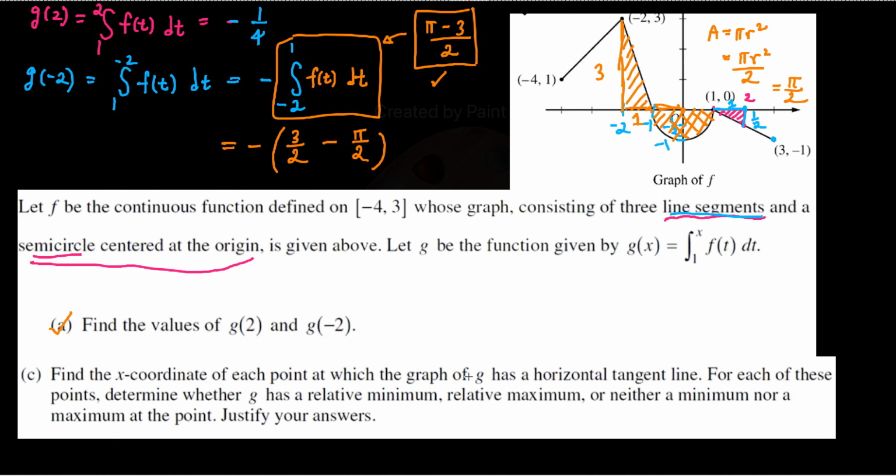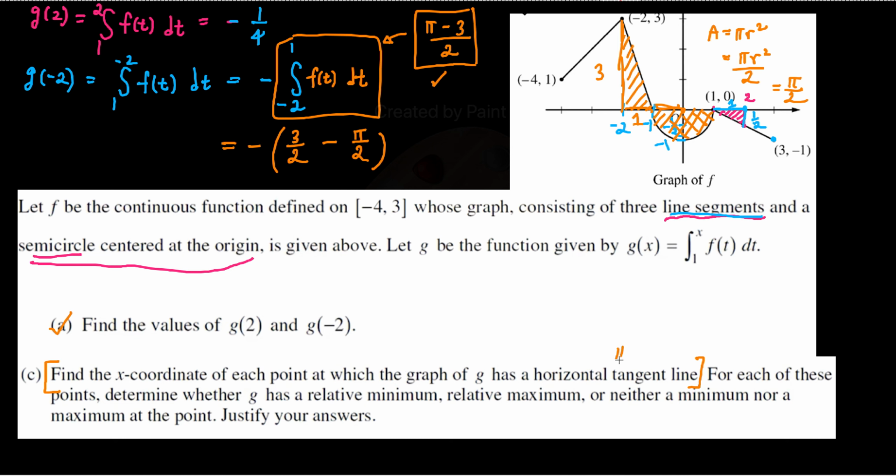Now, C. C involves a little bit more. We need to remember certain aspects. So it asks us for two things, right? The first part says to find the x coordinate of each point. So we want to find all the x coordinates at which the graph of G has a horizontal tangent.